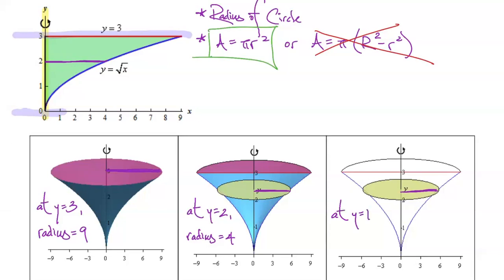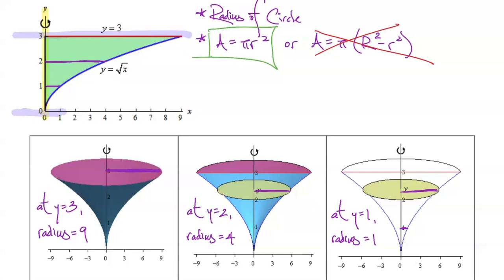What do we think at y equals 1? That's like the little one down here. Or maybe if we think about it on the big diagram up here, what do we think the radius is there? Yeah, radius equals 1. Okay.